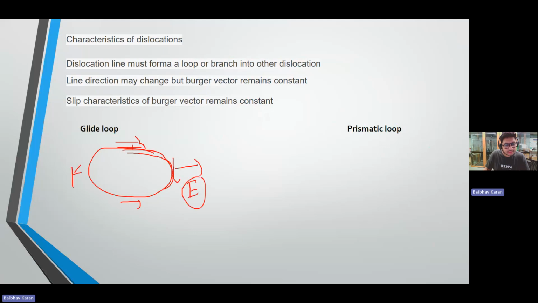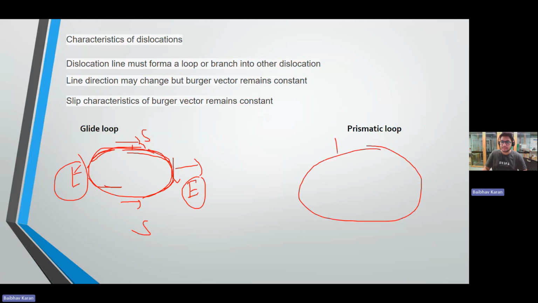Here also will be pure edge character, but here pure screw character. At any other places, they will show you mixed character, edge and screw. But in the prismatic loop, what is happening? Pure edge character is seen in the material in the loop.